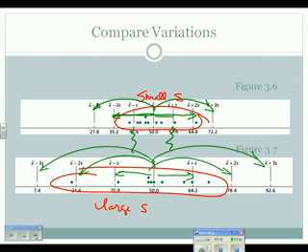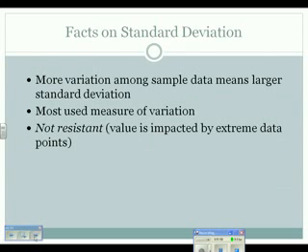We would have a few data values, a handful, outside of the 3 standard deviations. So the more variation you have, the wider the spread is, the larger your standard deviation is going to be. The standard deviation is the most used measure of variation.